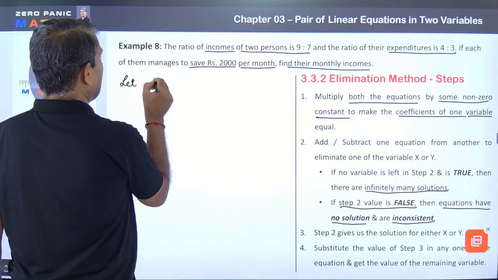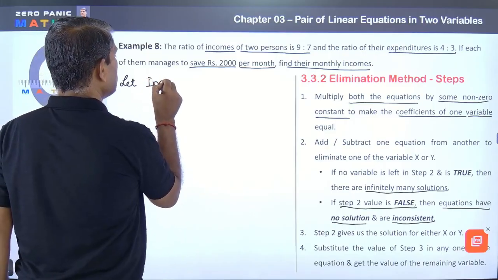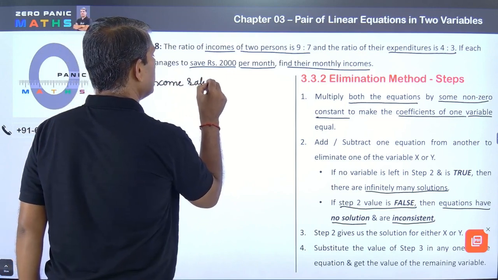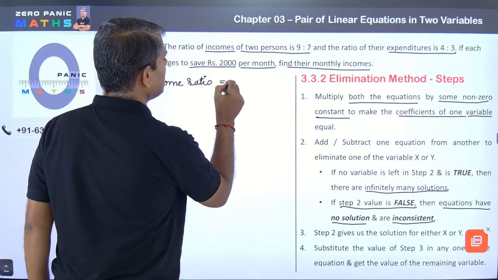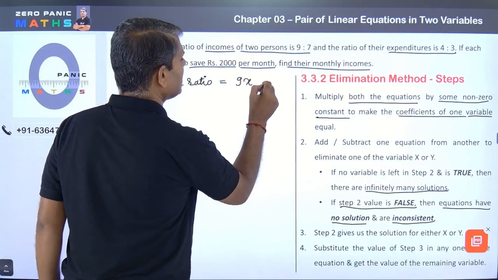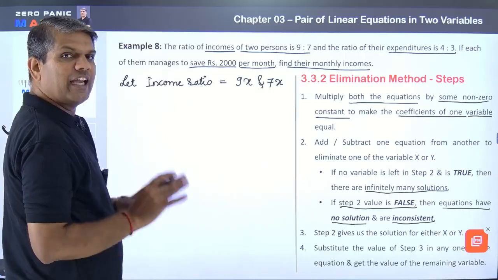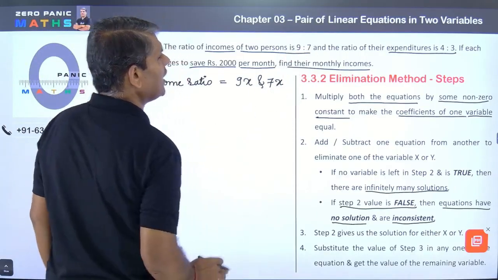Now let us do this. The income ratio of both the persons is equal to 9x and 7x, assuming x as the income unit.